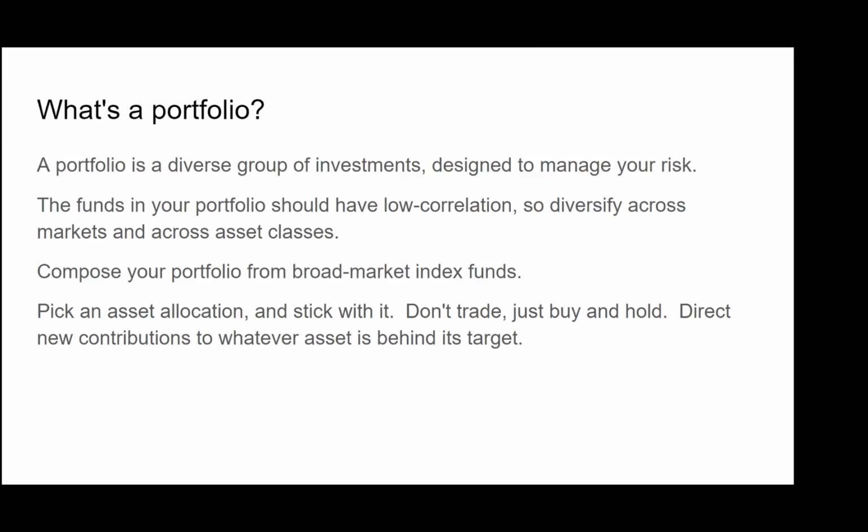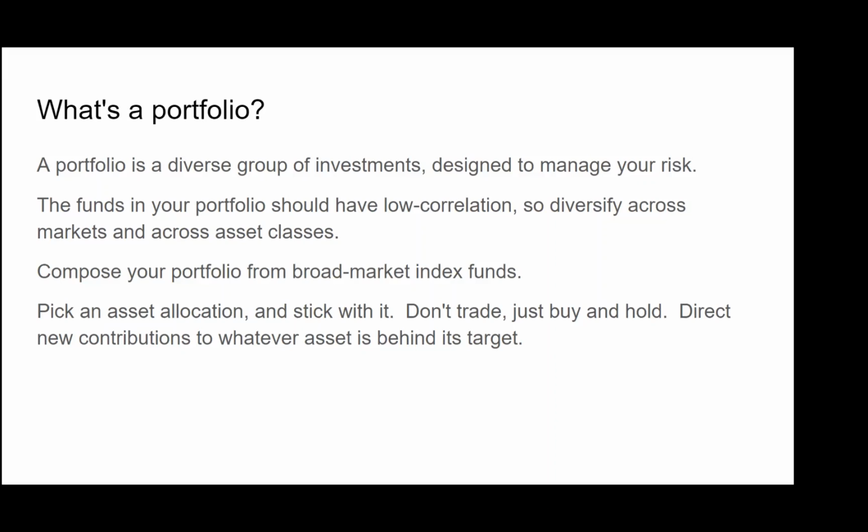I said this before, you want to use index funds as the core of your portfolio. It doesn't preclude you from making some side bets, but index funds should really be the core. And I say here, pick an asset allocation. Don't try to time the market. Don't be a trader. Just buy and hold.